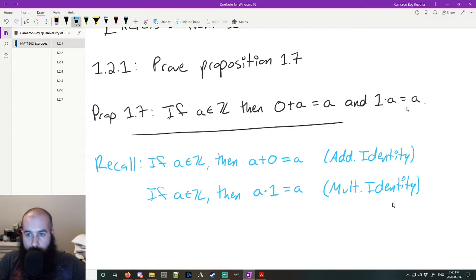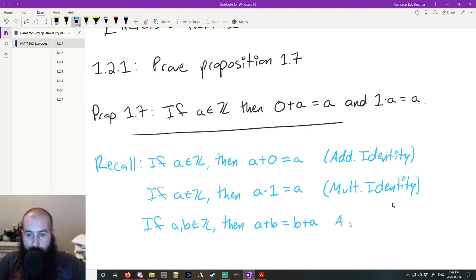So even though these look like obvious statements, according to this, they're actually not exactly the axioms. So in order to prove these new statements, we need to combine these axioms with another one, and that one is the various commutative axioms. There's one that says if we have two integers a and b, then a plus b is equal to b plus a.